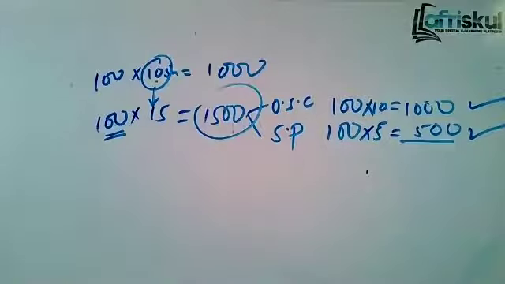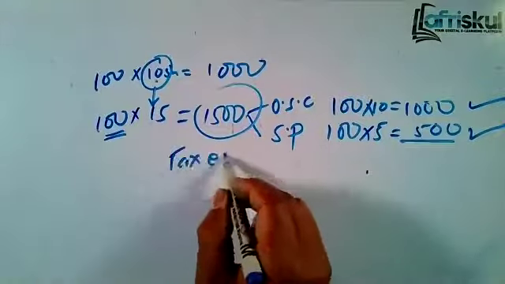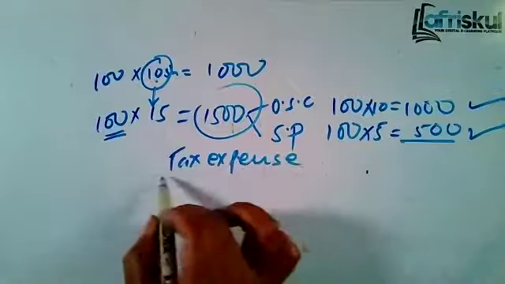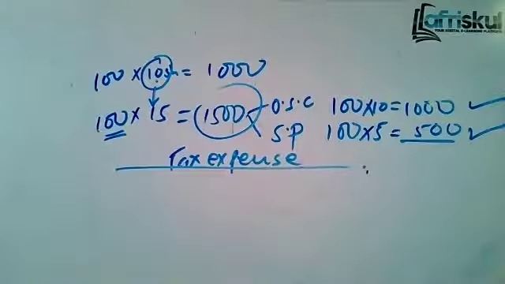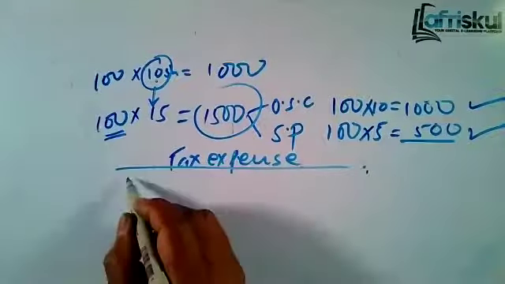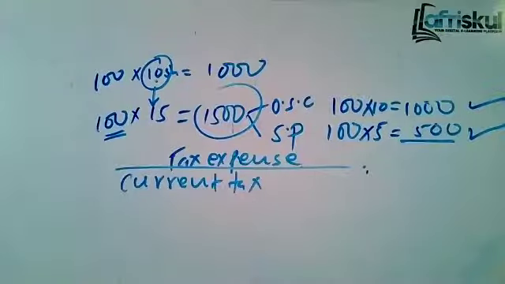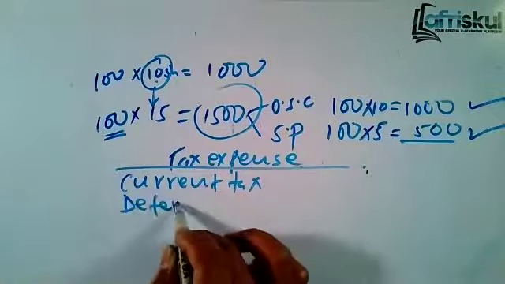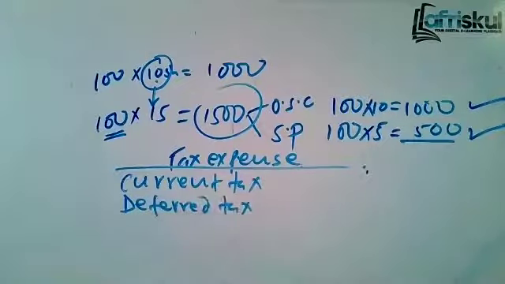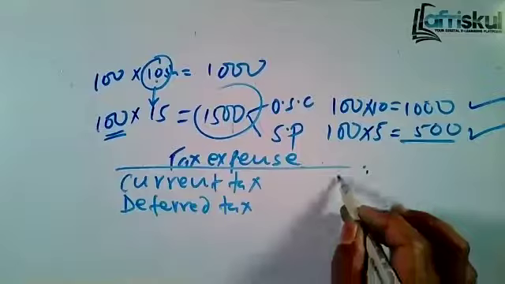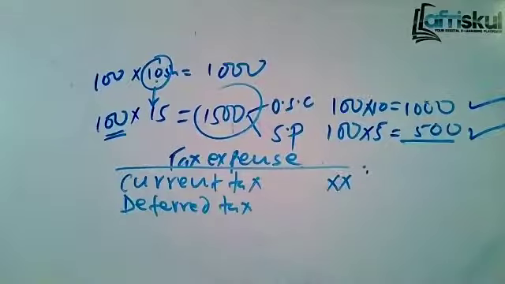Another thing you need to know is how do we recognize tax expense? Now, the tax expense is made up of 2 components. Number 1, we have what we call the current tax, and then we have what we call deferred tax. The current tax is just tax based on the profit for the year. If you made a profit of 10 million, just take 30% of that. That's what we call the current tax.